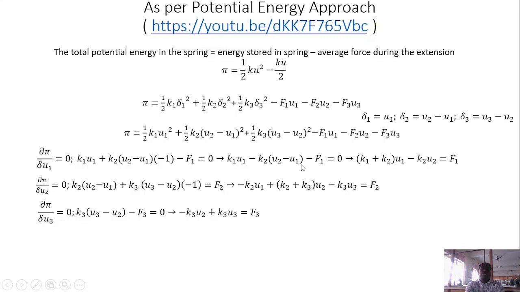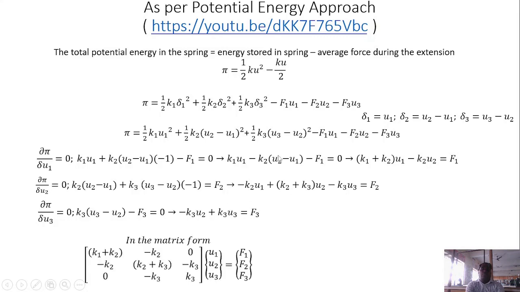From these three equations I can frame the matrix form. Here you see the first equation K1 plus K2 into U1, so I can pick here, and then the second term minus K2 is available, so the second column of the first row is minus K2. Here there is no U3 term, so I represent 0. After that minus K2 is available, so I pick.